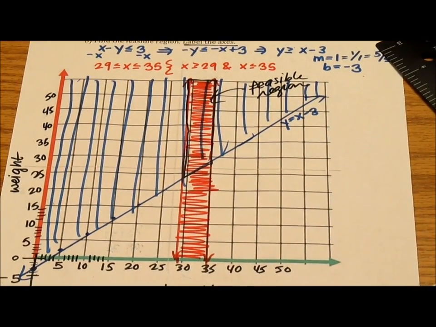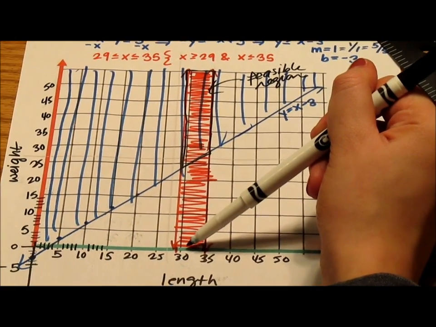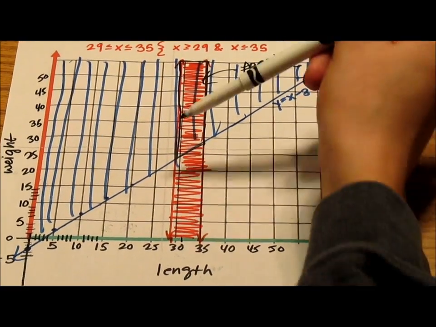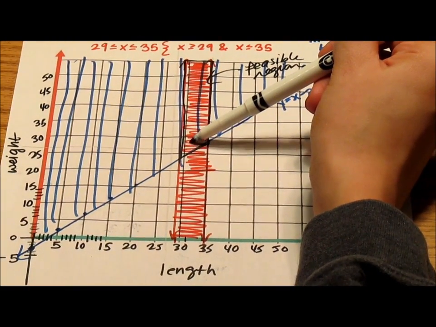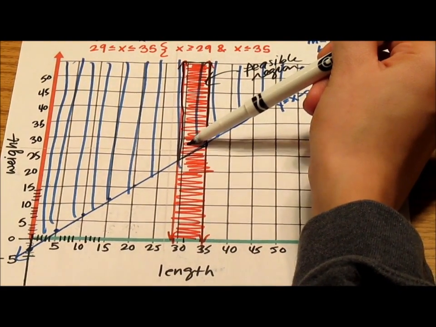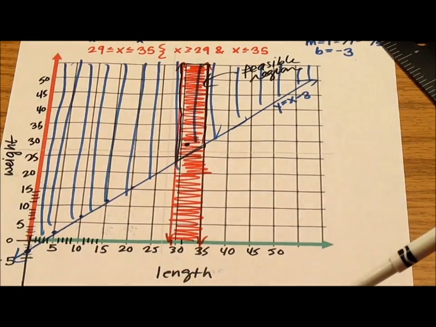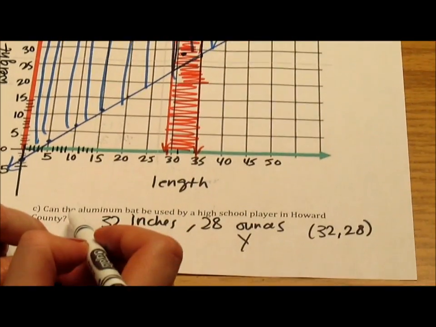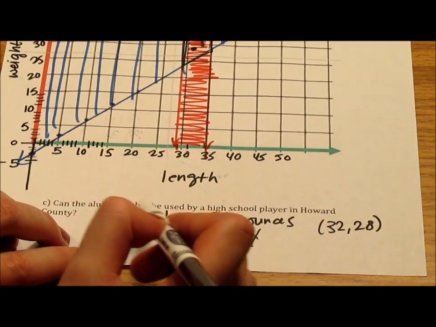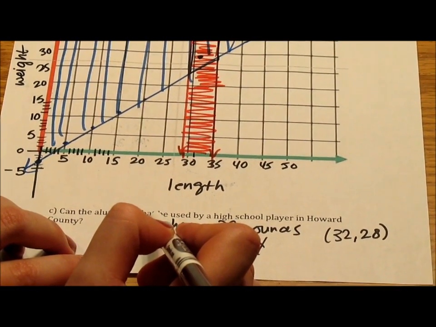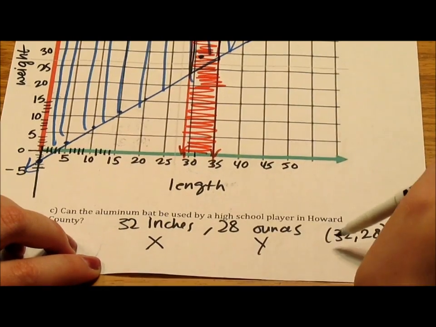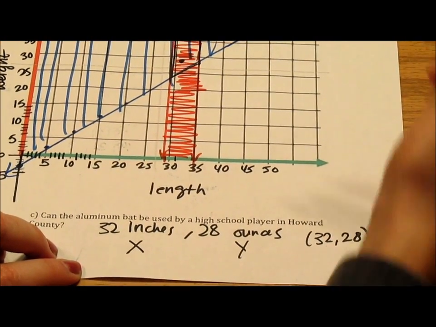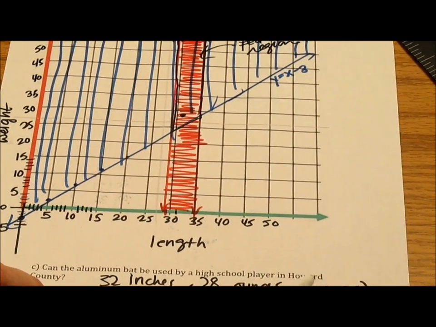So I look for the point 32, 28. So 32 is about here. And then I go up to 28, and that's here. So if you notice, my point (32, 28) is in the feasible region, which means that the aluminum bat sold at the local sporting goods store with the length 32 inches and weight 28 ounces can be used by a high school player in Howard County.